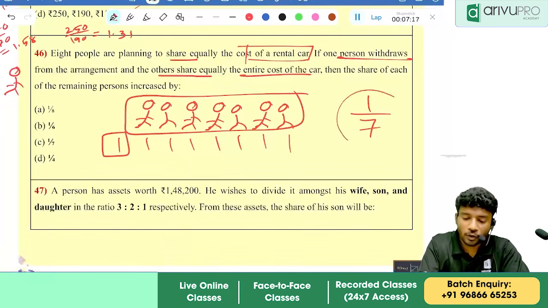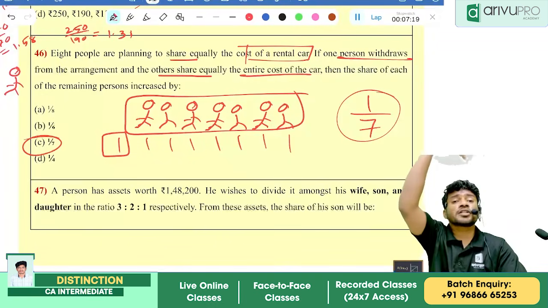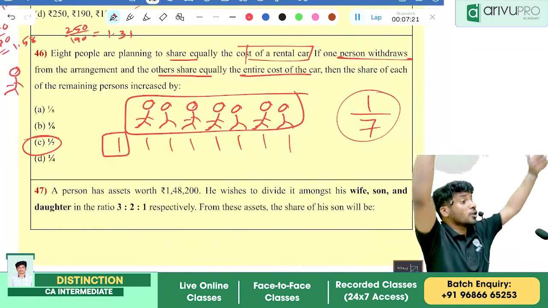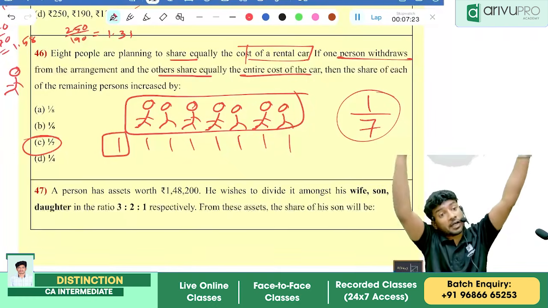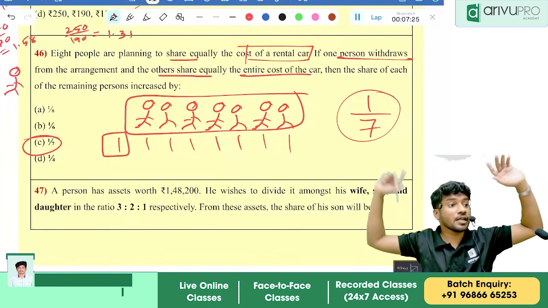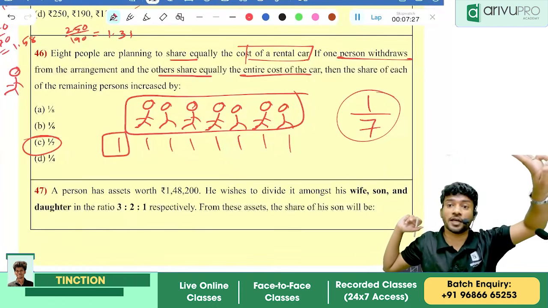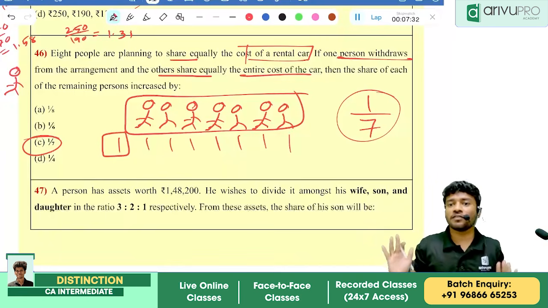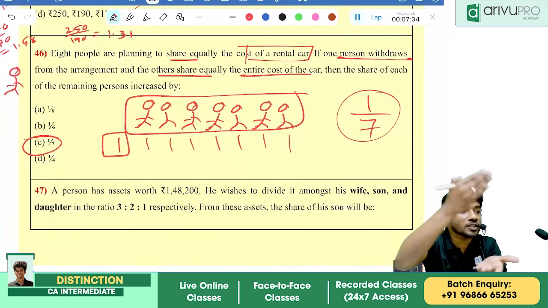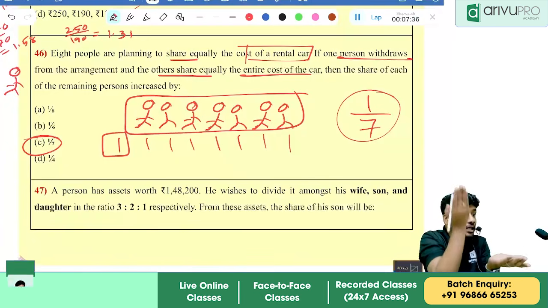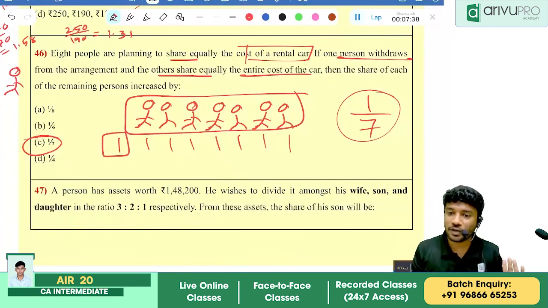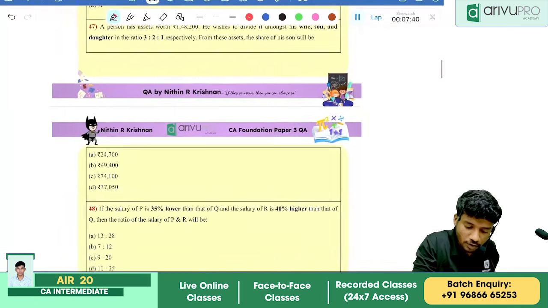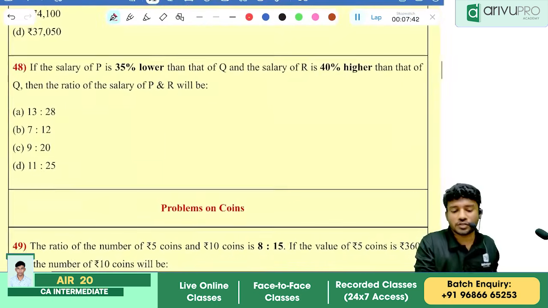So the answer will be 1 by 7. Whatever the number of people, if 100 people are there and 3 people leave to get married, then 3 shares are remaining. So 3 divided by the 97 people remaining will be the equal increment in their shares. Are you getting the point?